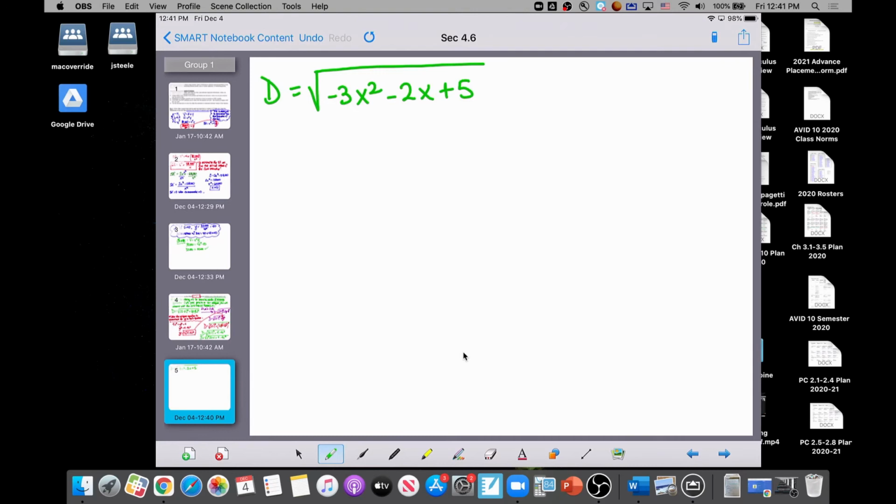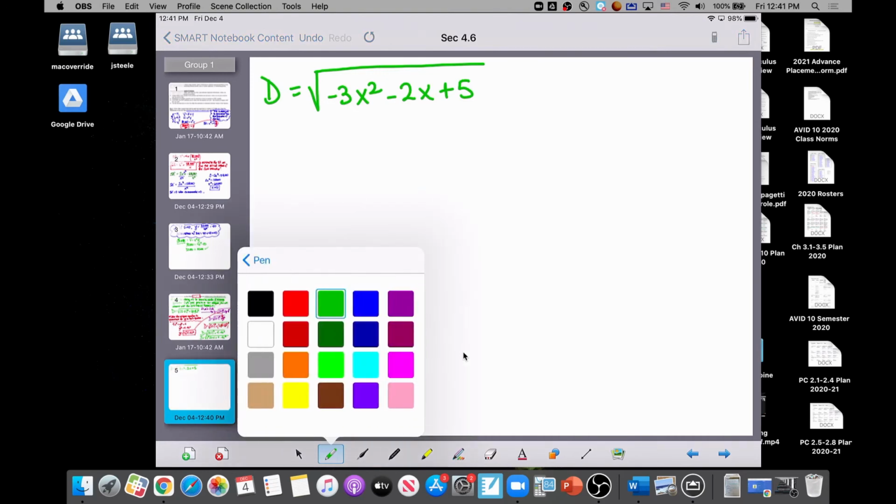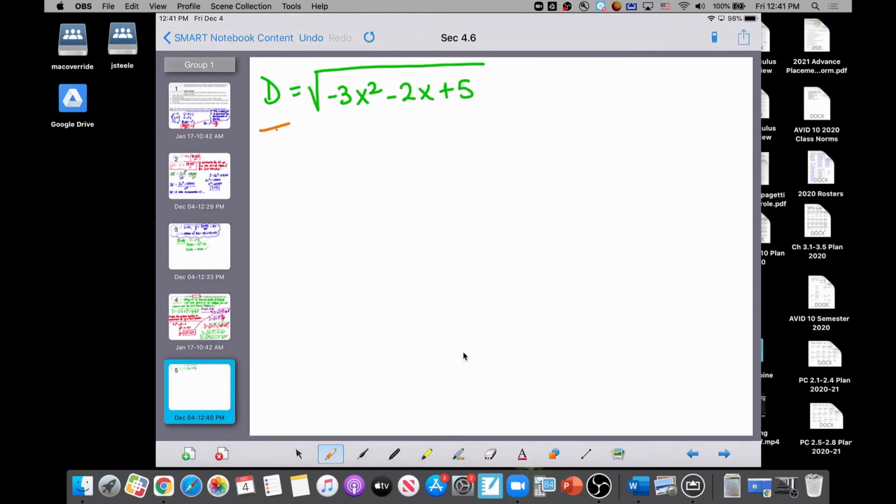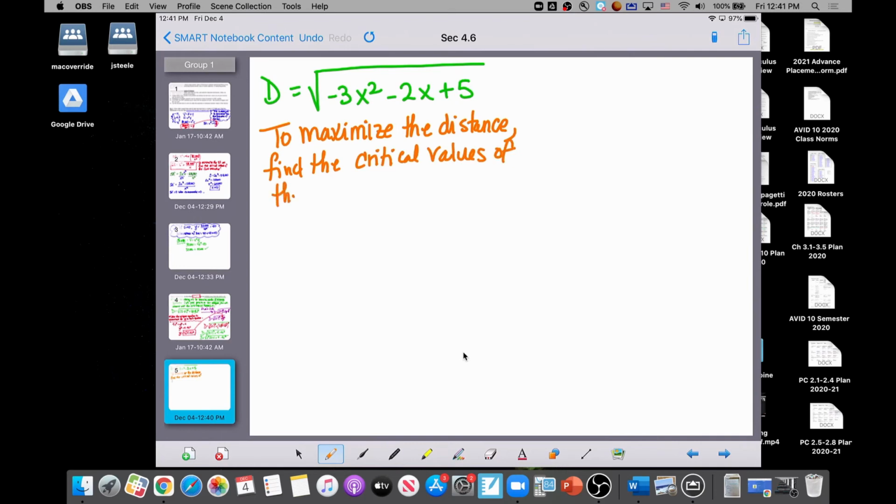My next step is I need to find the derivative, right? Okay, always our goal here, to maximize the distance, find the critical values of the first derivative.